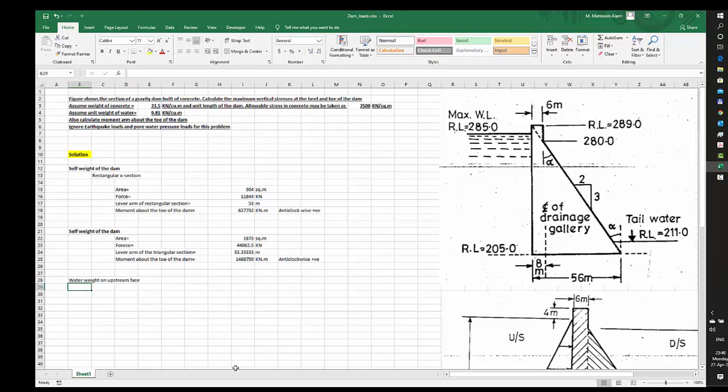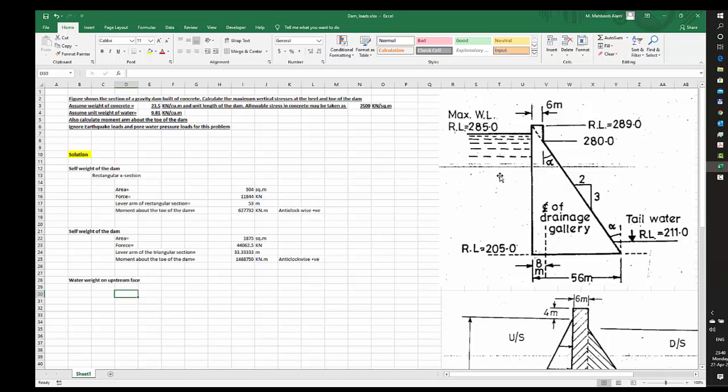We have to calculate the water weight on the upstream side and also on the downstream side. So first we are looking at the upstream face. Now, as we said, the water level is 285 minus 205, which would be 80 meters.